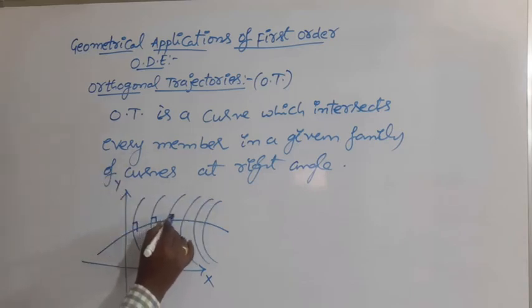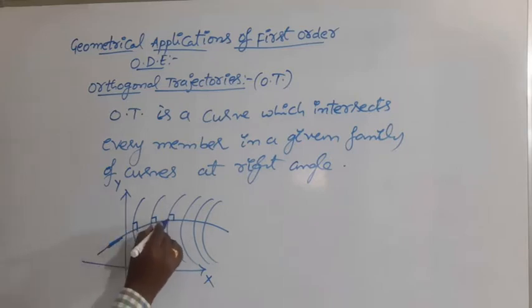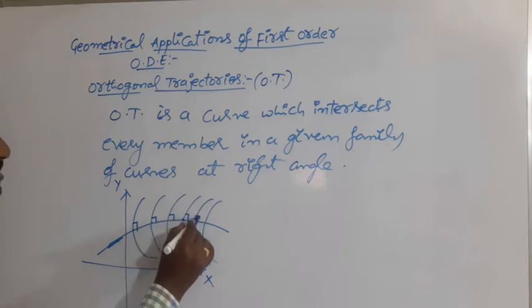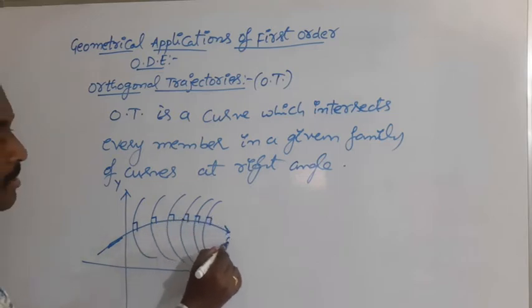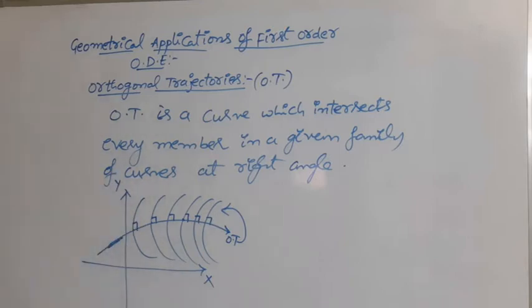Then this curve is called an orthogonal trajectory of this given family. This is the definition of orthogonal trajectory. I will give you a suitable example also here.